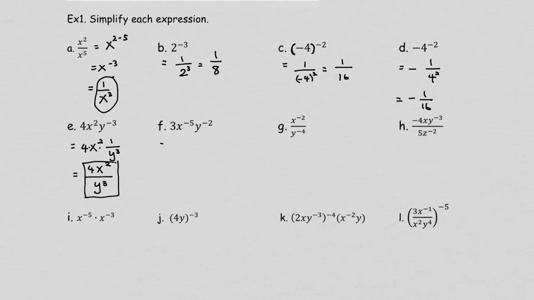What about this one? I see 2 terms with negative exponents. Without the negative exponent, will stay on the numerator. With the negative exponent will become the denominator. That's all you need to do. So again, if you have a negative exponent, flip.